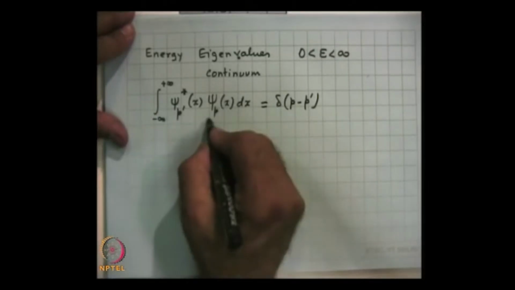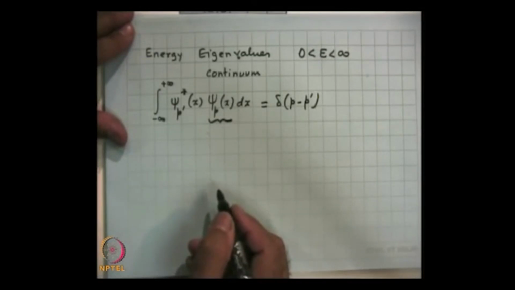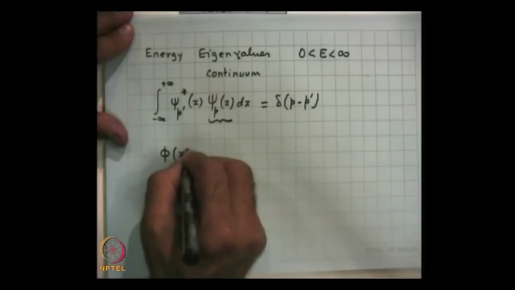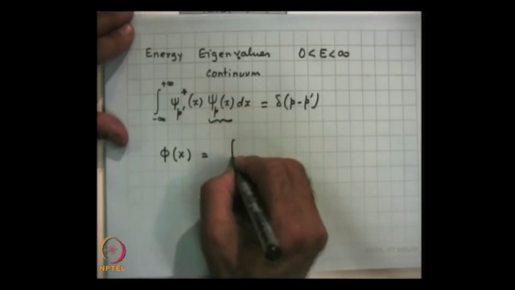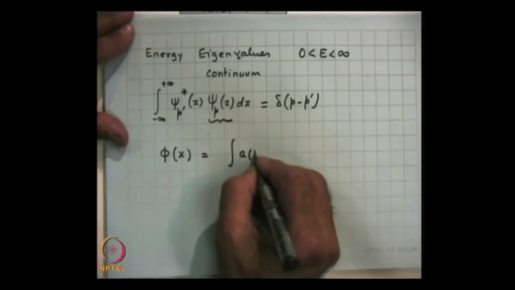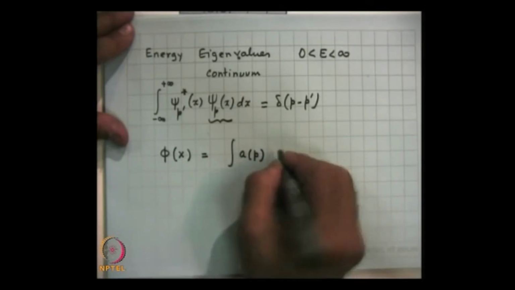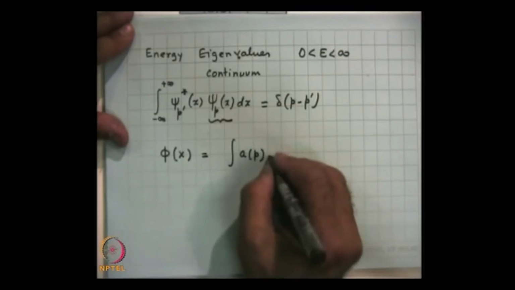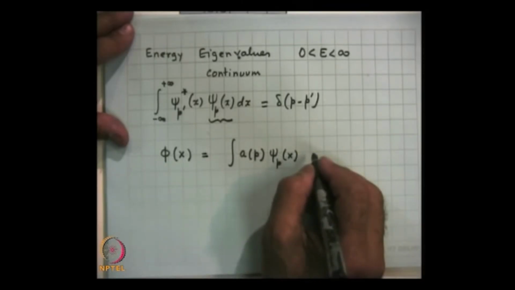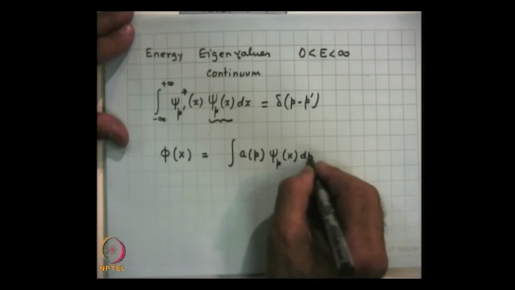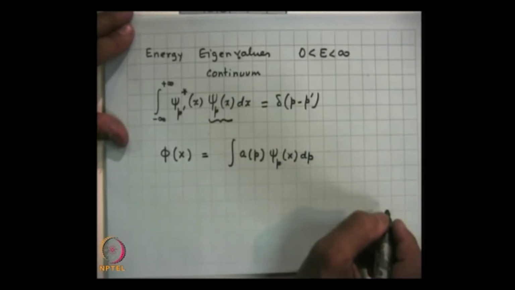Also, these functions, of course, form a complete set of functions, so that any arbitrary function phi of x can be written as a superposition of a of p times psi p of x dp.